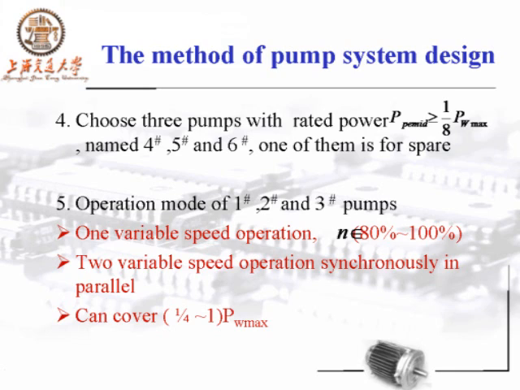And these two pumps will work in a range covering a part of the fluctuating wind power. And we also need to choose another two pumps with rated power at one quarter of the maximum power.